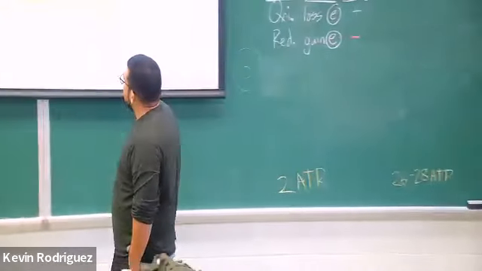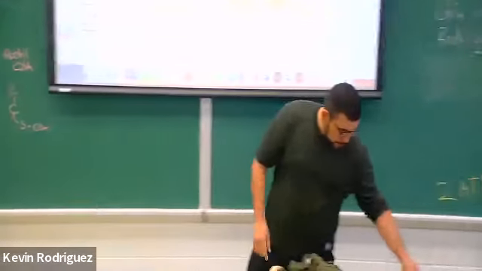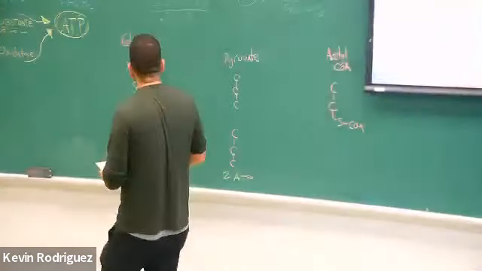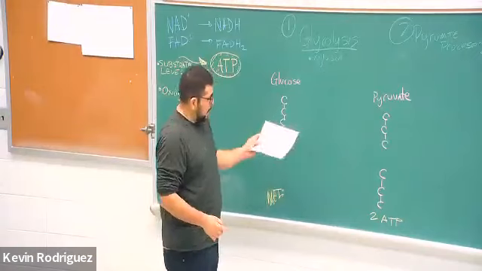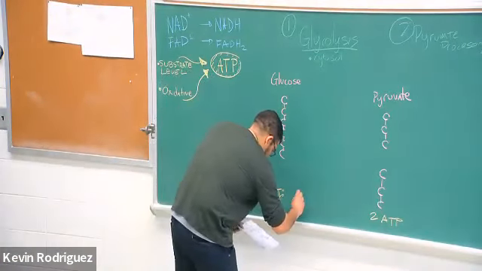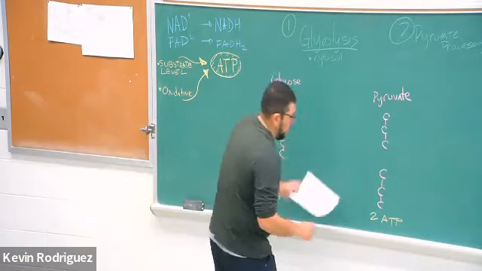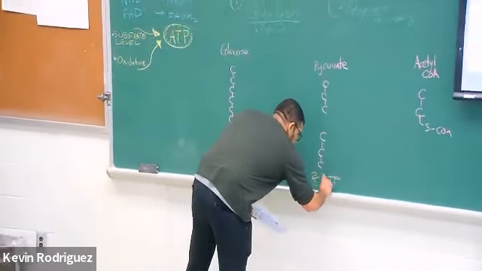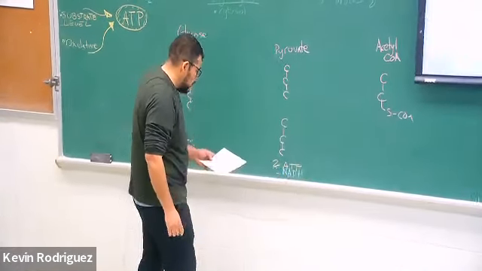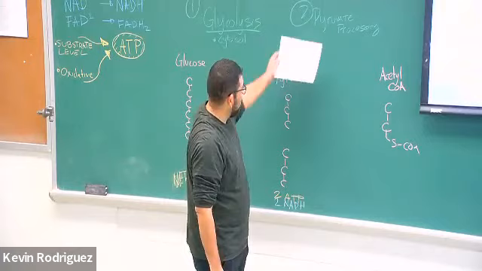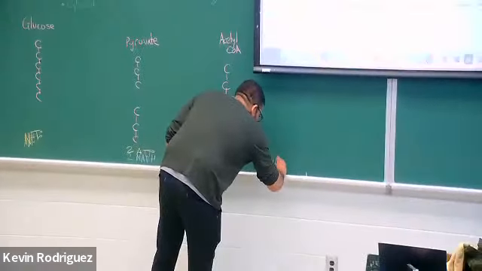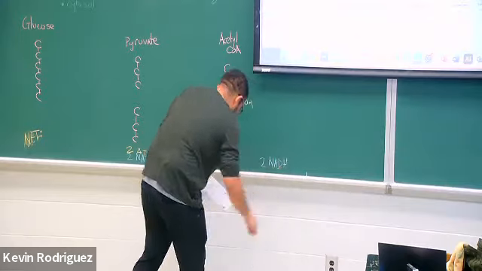Let's go back all the way to the beginning. And I want to keep track of the other molecule, which is our NADH, right? In this step, once we're done with this, we're actually going to bring out, at the end of it, 2 NADHs right there. At the end of pyruvate processing, here again, we're going to bring out 2 NADHs.